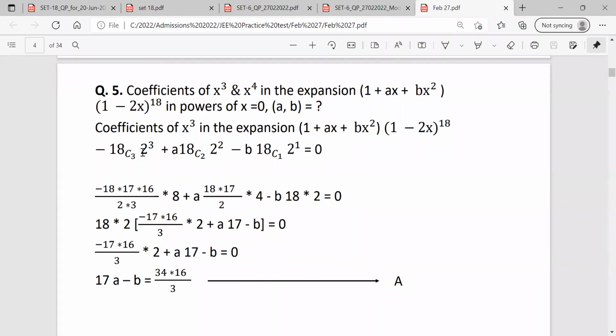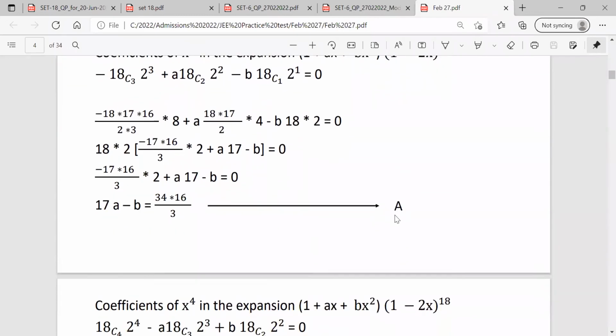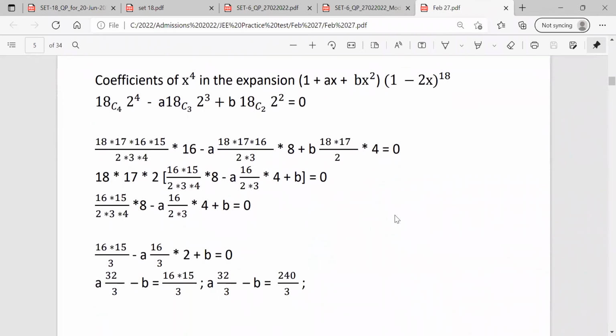So the first equation becomes 17a minus b is equal to 34 into 16 by 3. Now, similarly, we have to do the same thing with the coefficient of x raised to 4. So let's see how we can solve this. We have the equation as 1 plus ax plus bx square into 1 minus 2x whole raised to 18. So now compare for x raised to 4. When it is minus 2x raised to 18 and 1, we'll have the value as 18C4 2 raised to 4.